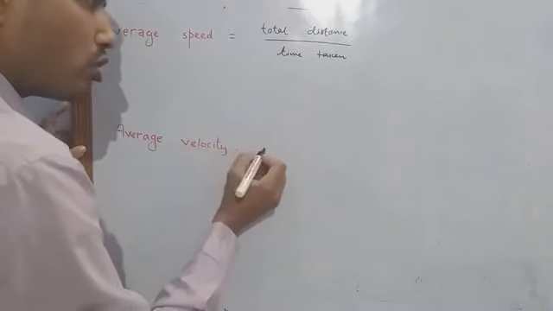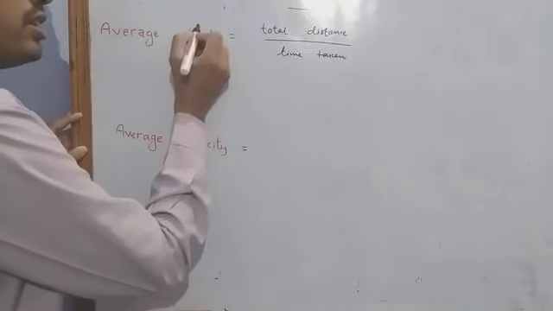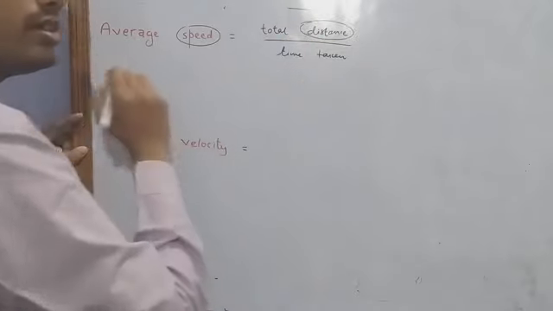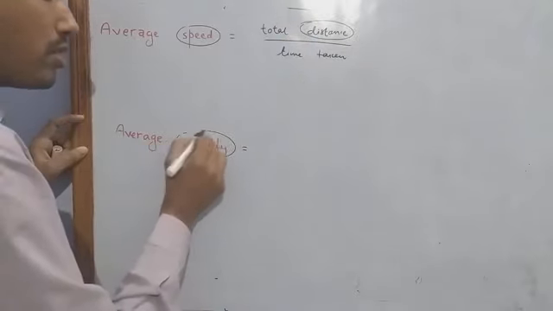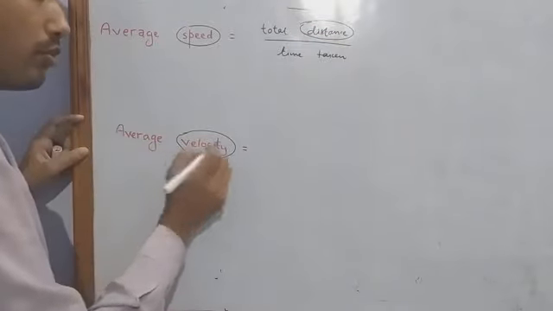Likewise, average velocity we will define similarly. Just as speed is related to distance, the velocity will be related to displacement. Now distance is same as path length, if you remember.